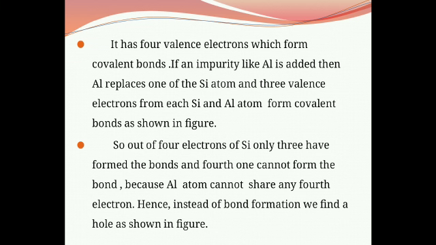So out of 4 electrons of silicon, only 3 valence electrons form the covalent bonds and the fourth one cannot form a bond. Because the aluminium atom cannot share a fourth electron, instead of bond formation a hole is created in that figure.